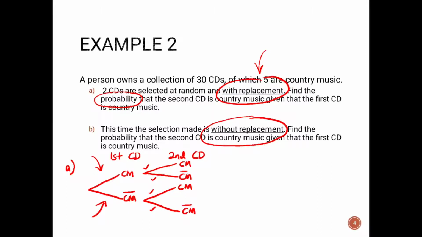During the first CD selection, the probability of choosing country music will be 5/30, because you have 5 country music CDs, and then you have 25 non-country music CDs, so 25/30. During the second selection, since the selection is done with replacement, we still have 30 CDs during each selection.